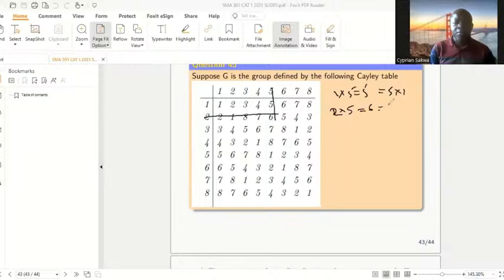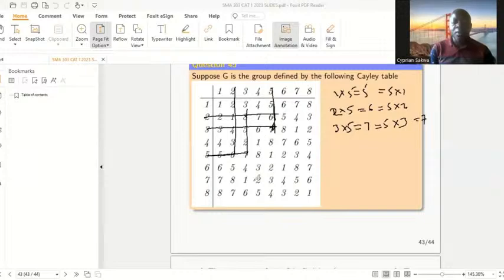What about 5 times 2? You can see it's also 6. So that means 5 commutes with 2. What about 3 times 5? I can see it's 7. What about 5 times 3? I can see it's also 7.